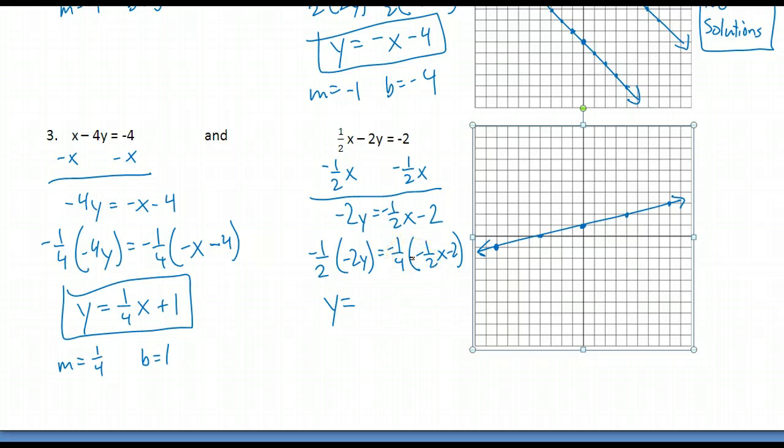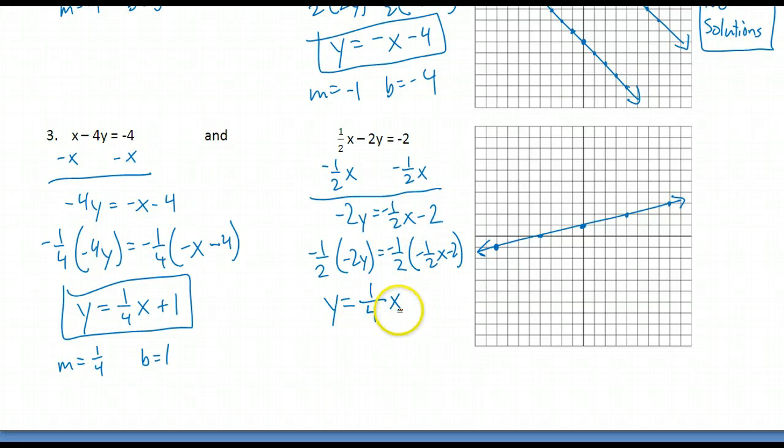This should be a 1/2 right here. 1/2 times 1/2 gives me 1 times 1 over 2 times 2. And a negative times a negative gives me a positive, and 1/2 times 2 gives me 1. So the slope of my second equation is 1/4, and my y-intercept is 1.